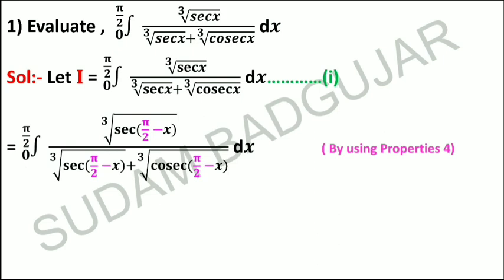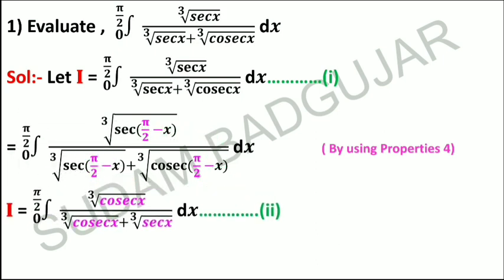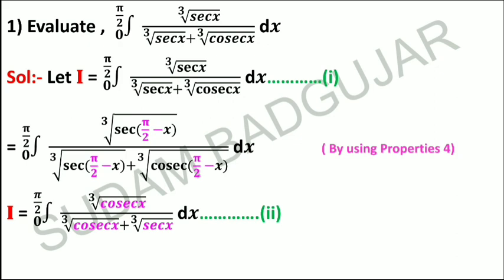What is sec of pi by 2 minus theta? Cosec theta. So sec of pi by 2 minus x is cosec x and cosec of pi by 2 minus x is sec x. So the next step is integration of cube root of cosec x upon cube root of cosec x plus cube root of sec x dx. This is equation number 2.